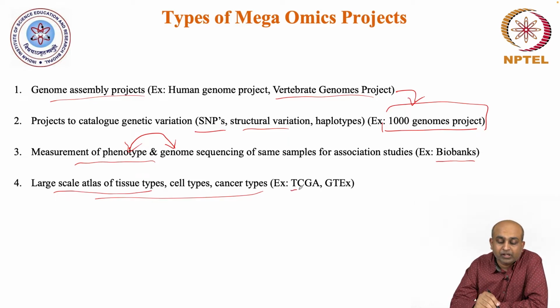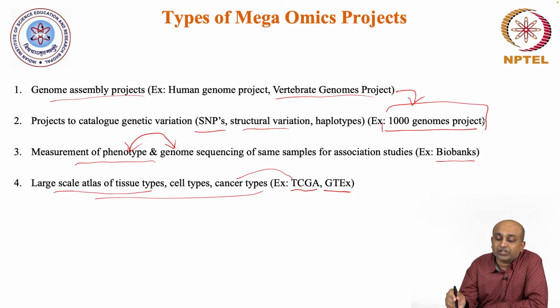So for example, you have this TCGA project, which is The Cancer Genome Atlas, which aims to build an atlas of all the different cancer types that are there. So this is one example of cancer type atlas building. Or you have the GTEx project. In the GTEx project, the goal is to build a tissue expression atlas, that is, you look at different tissues and different individuals, then you see how variable the expression of genes are between individuals and between tissues.